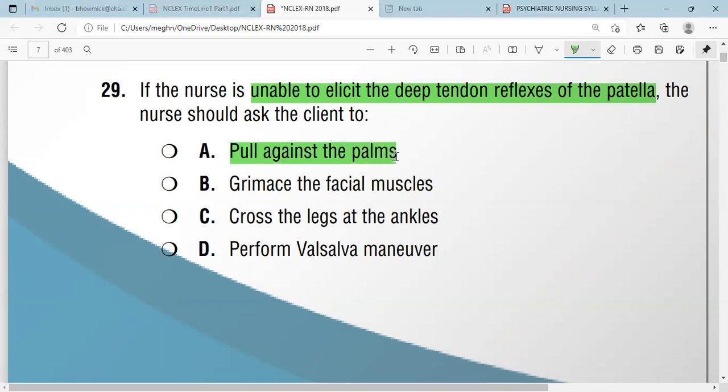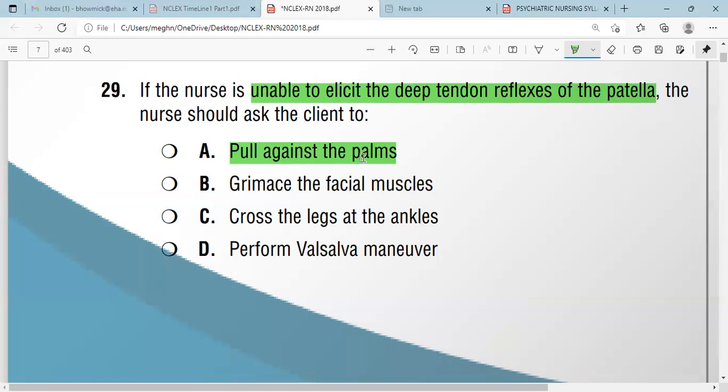So if the nurse cannot elicit the patellar reflex, it is also known as knee jerk, the client should be asked to pull against the palms.